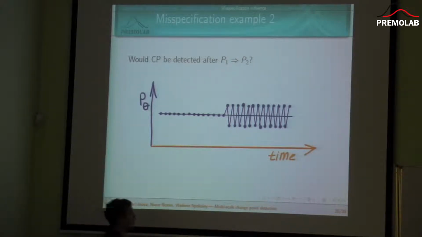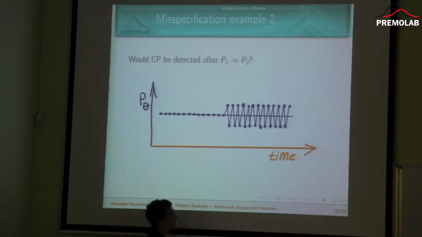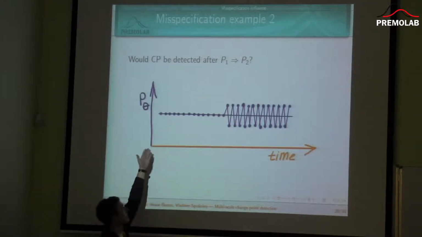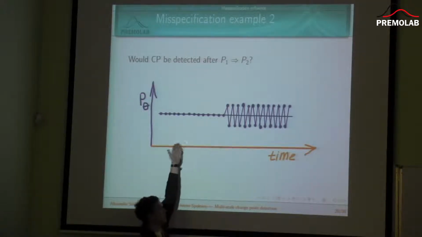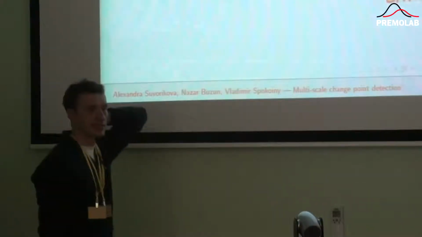But when we take, for example, this window, which is rather large, the mean parameter became at the same level as previously, where we didn't change the parameter. So, as you can see from this picture, I think it's rather clear. And I have the same question: will we find the change point here?